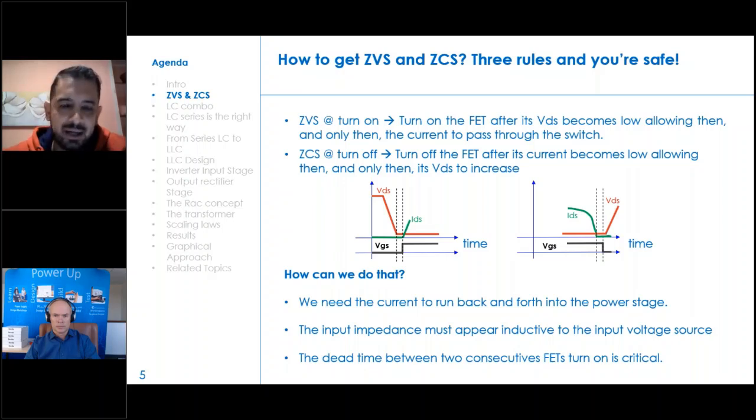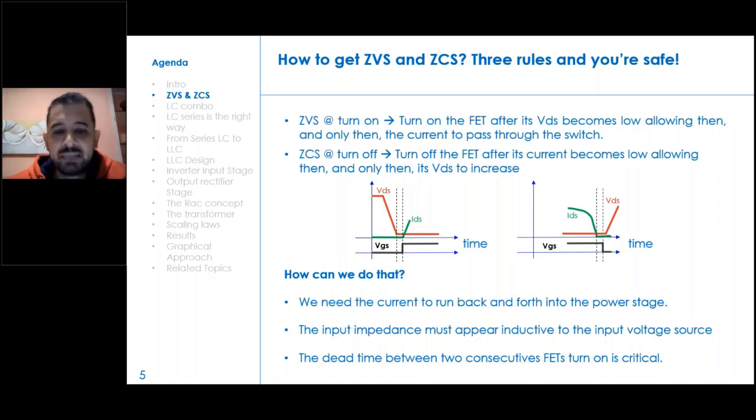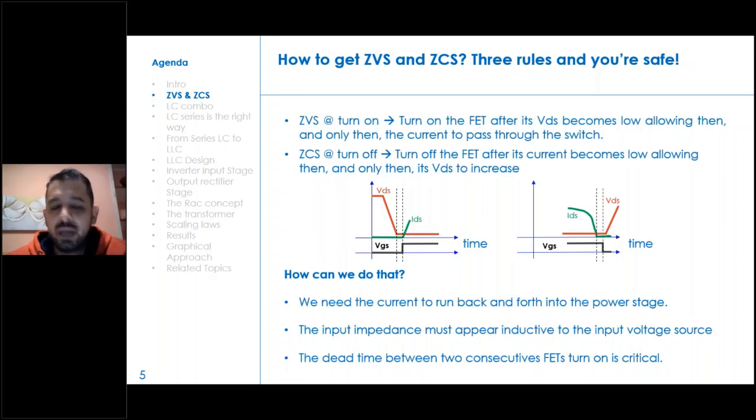Having a lagging current or inductive current helps to discharge the parasitic capacitor of the bottom FET, forcing, after a certain amount of time, its body diode to conduct, and consequently bringing the drain to source voltage of the bottom FET to be very low. It is in that time, once the bottom FET VDS becomes low, that it is convenient to switch on the bottom FET.